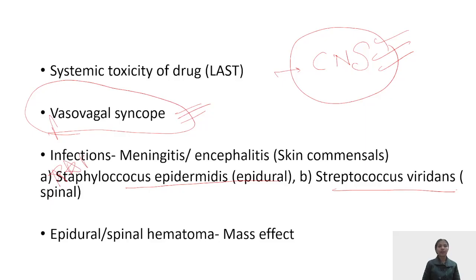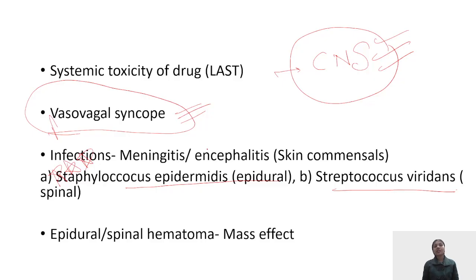Spinal, we have Streptococcus viridans, and epidural is generally your Staphylococcus epidermidis. I repeat again, in spinal, Streptococcus viridans. Epidural, the most common that has been found is Staphylococcus epidermidis. This is your skin commensal, right?